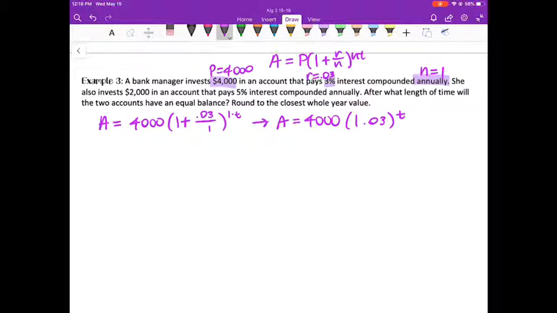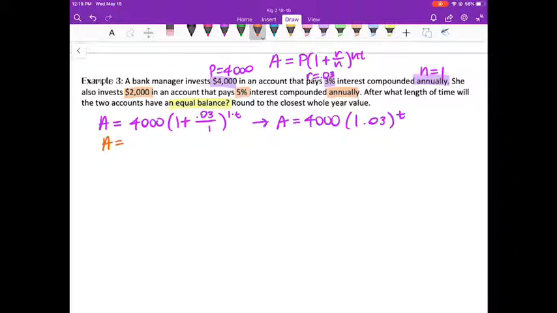Okay. Next sentence, she also invests $2,000 in an account that pays 5% interest compounded annually. Okay, so it looks like she's got 2 different investments, and we want to know after what length of time will the 2 accounts have an equal balance. Okay, so let's think about our second investment first.